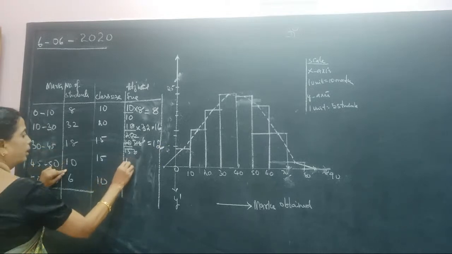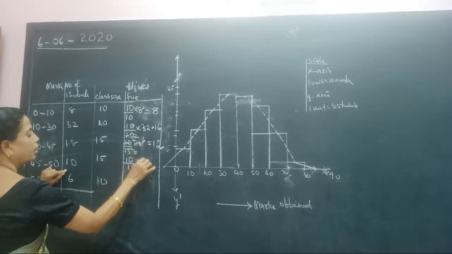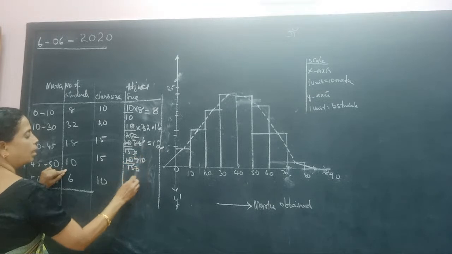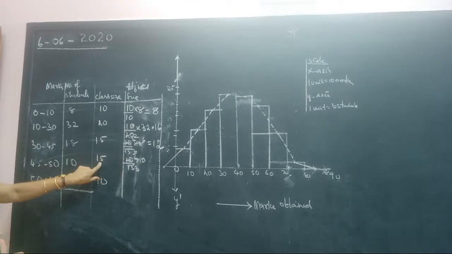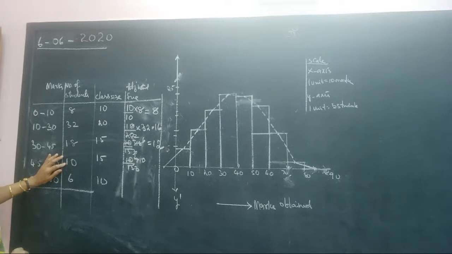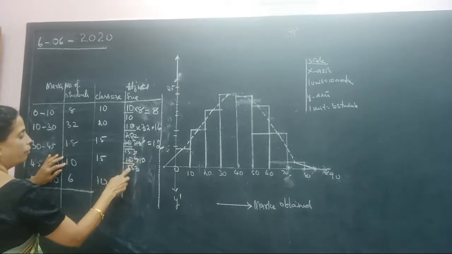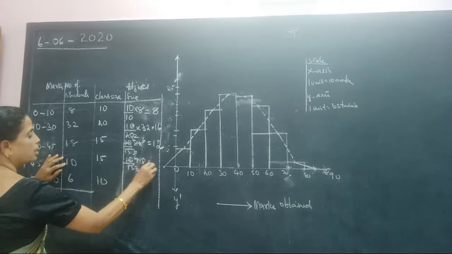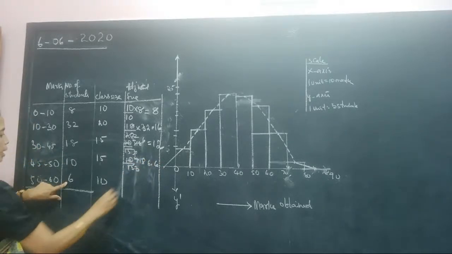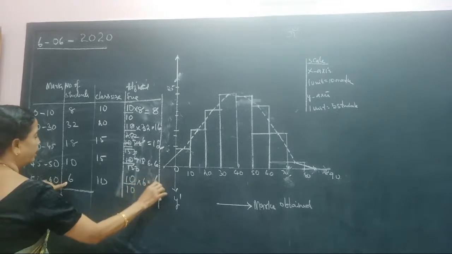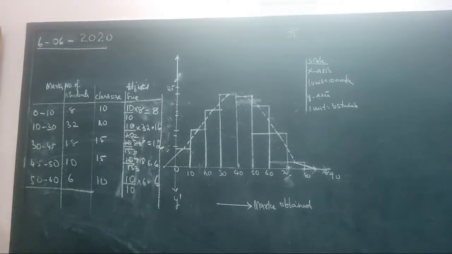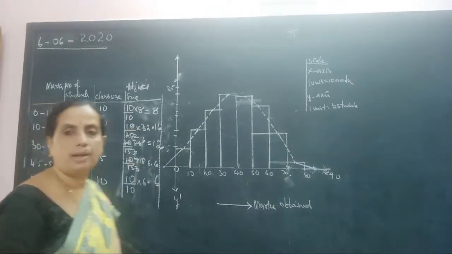Then 10 over 15 into 10: 5 2s are 10, 5 3s are 15, 2 by 3 into 10 is 20 by 3, which means 6.6. Then for the last, minimum over corresponding class size is 1, so it is 6. Like this, we will get the adjusted frequency.